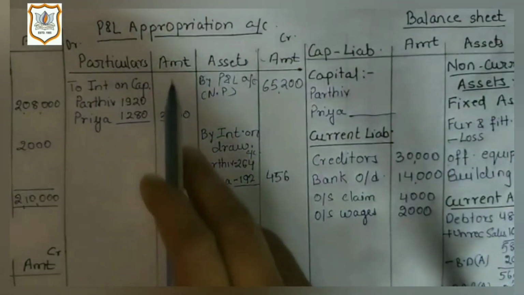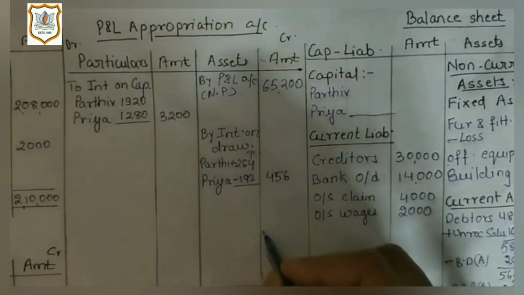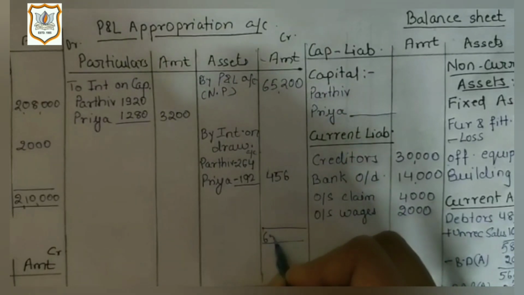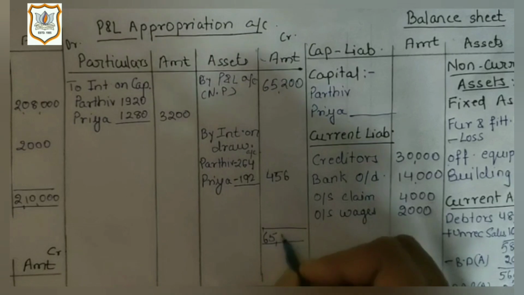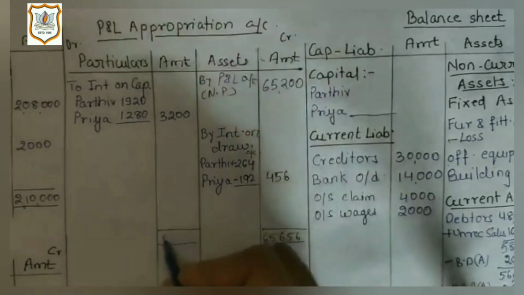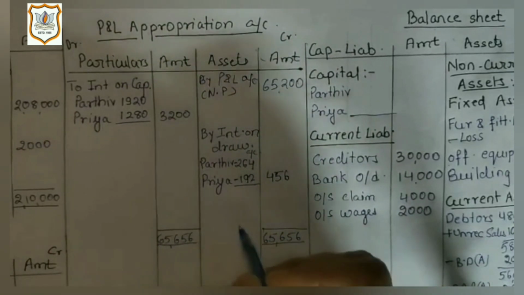Now we will close profit and loss appropriation account. Again here credit side total is more, that is 65,656, which we will write on both the sides, 65,656.